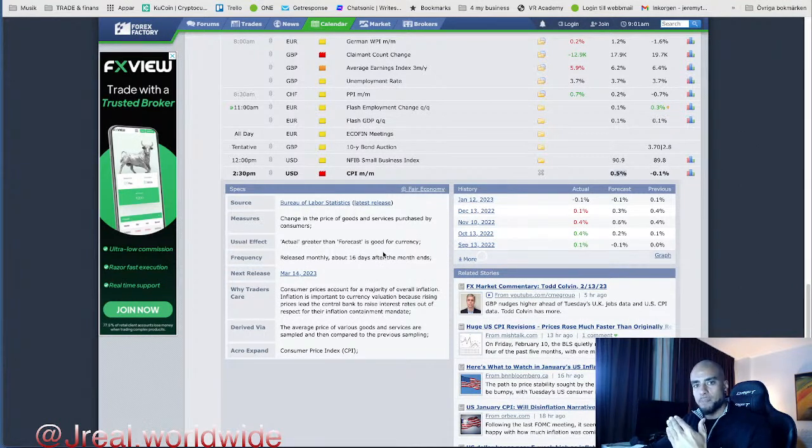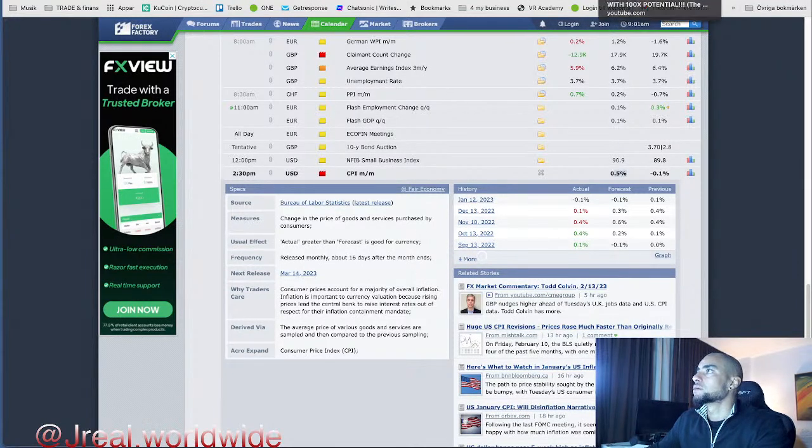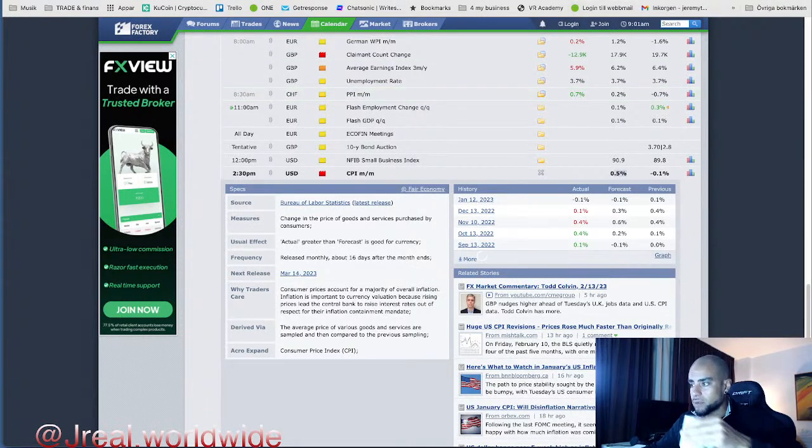If the US dollar goes up, you can expect a major drop in gold, crypto, some indexes, like for example the US 30, and also in all currency pairs that are paired against the US dollar. All right. So that is 2:30 today. Remember that. I would even set an alarm. If you're trading actively, set an alarm.